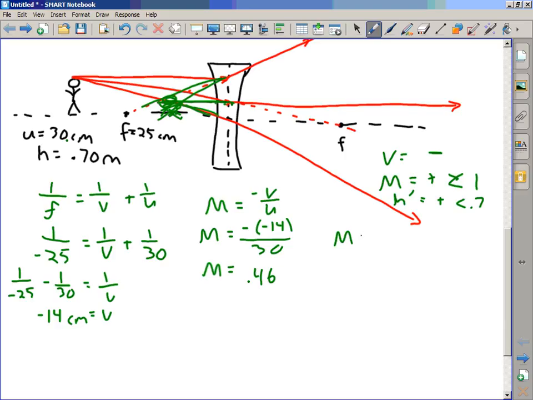Now I can come over, magnification equals h prime divided by h, so that's 0.46 equals h prime divided by 0.7. So what does h prime come out to be? 0.32.